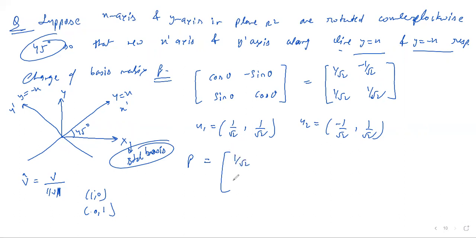That will be 1 by root 2, 1 by root 2, and minus 1 by root 2, 1 by root 2, and this is my change of basis matrix for the new axes, x dash and y dash.